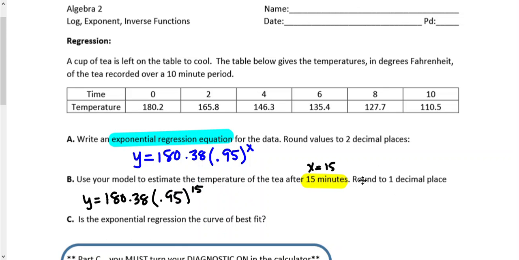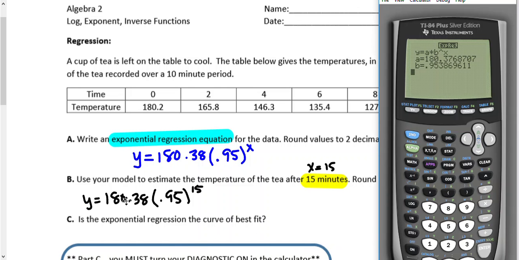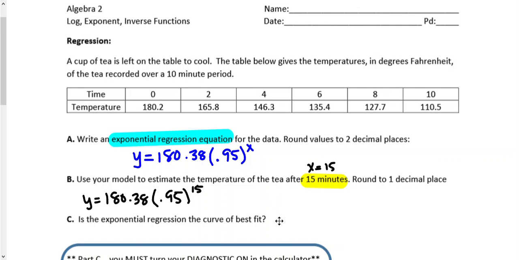And read your directions, round to 1 decimal place on this one. And we can type that whole thing into our calculator. So 180.38, parentheses 0.95, caret button to the 15 power, and we get 83.6 is going to be our answer because that is 1 decimal place. So y equals 83.6.